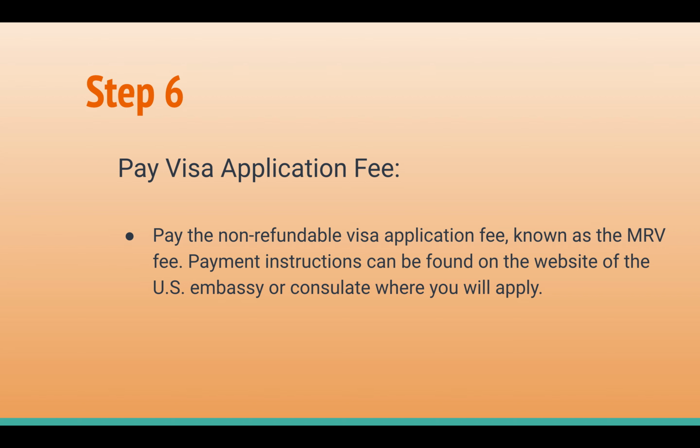You need to pay there, which will be the non-refundable visa application fee known as the MRV fee. The payment instructions can be found on the website of the US Embassy or consulate where you will apply. So it depends on which consulate you're gonna apply the visa from. So please go there and double check, because it differs from consulate to consulate.